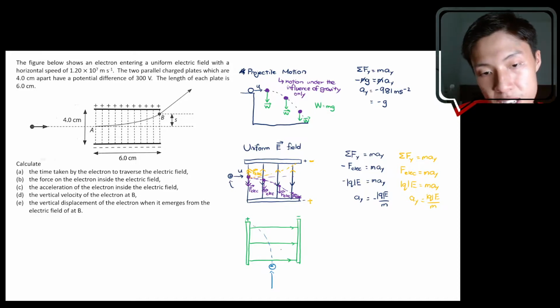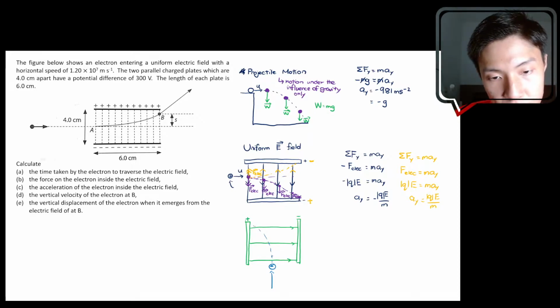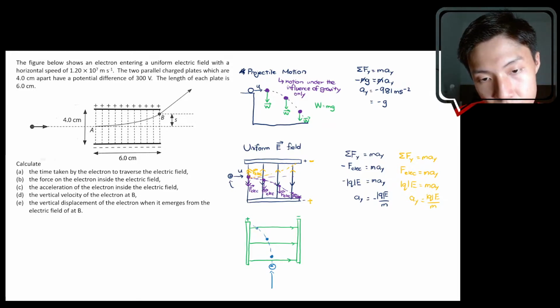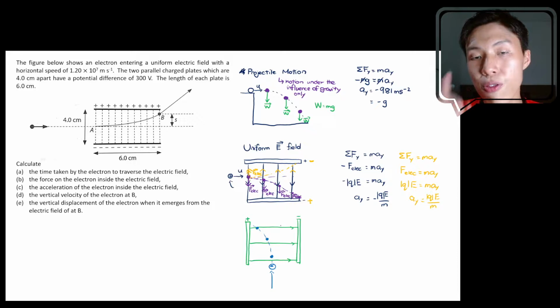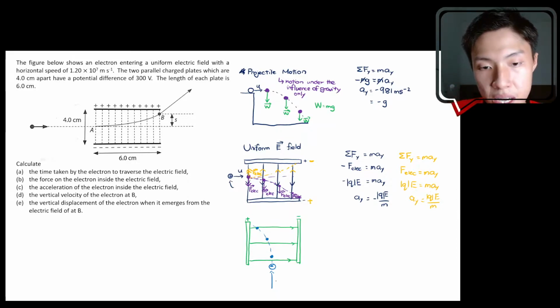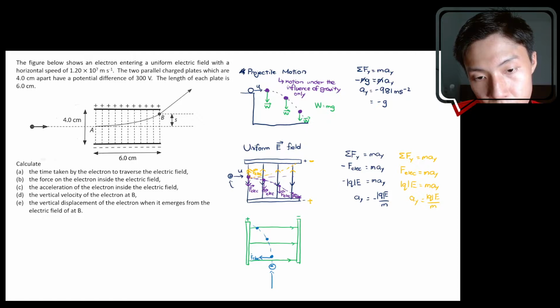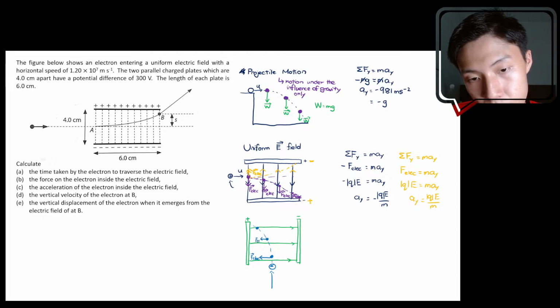You move like this because of the force experienced by the charge at various points. It's a negative charge, so the force will be opposite the direction of the field. The field is pointing to the right, therefore the force experienced by the electron will be pointing to the left. Therefore F elect will be pointing this way, F elect will be pointing this way, F elect will be pointing this way.